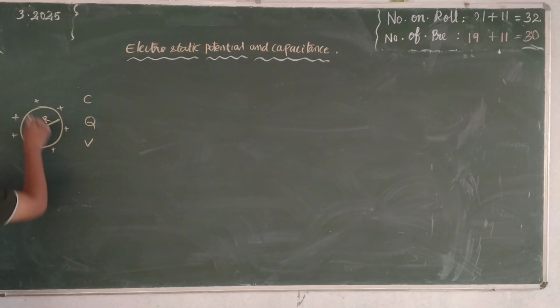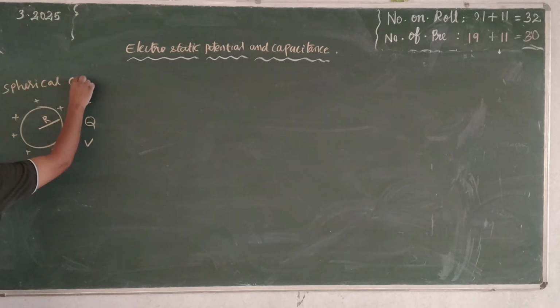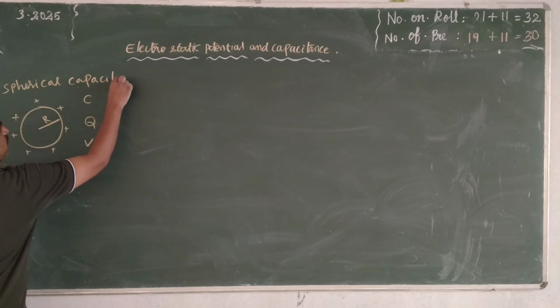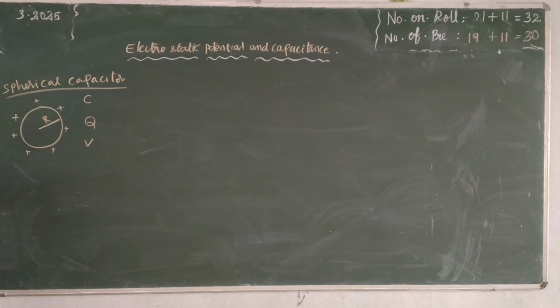For this spherical capacitor, we can derive the formula for capacitance. It has capacitance C, charge Q and potential V. What is the capacitance formula?